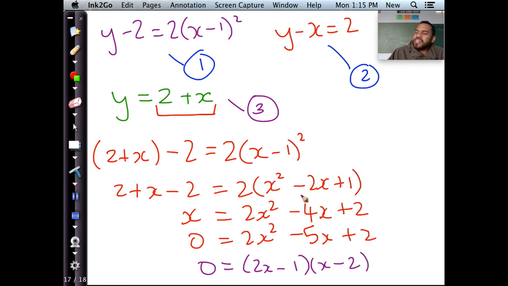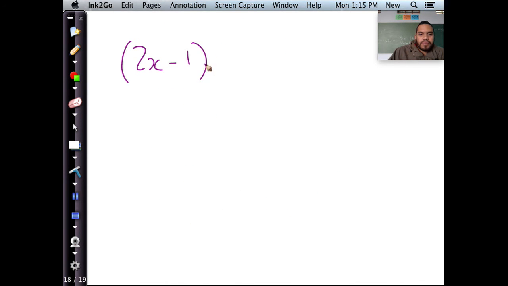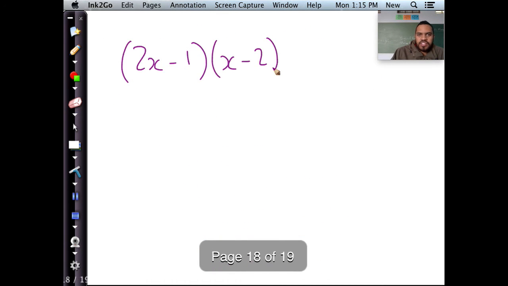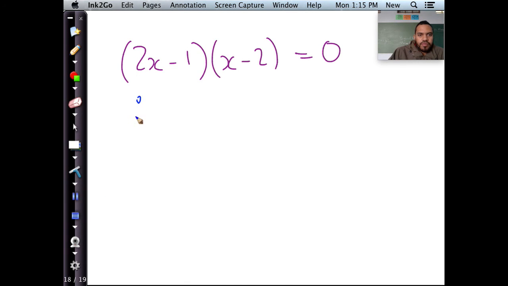Using those factors, we can now clearly solve for x, in which x is equal to a half, or x equals positive 2. Therefore, x is equal to a half, and x is equal to 2. Right.